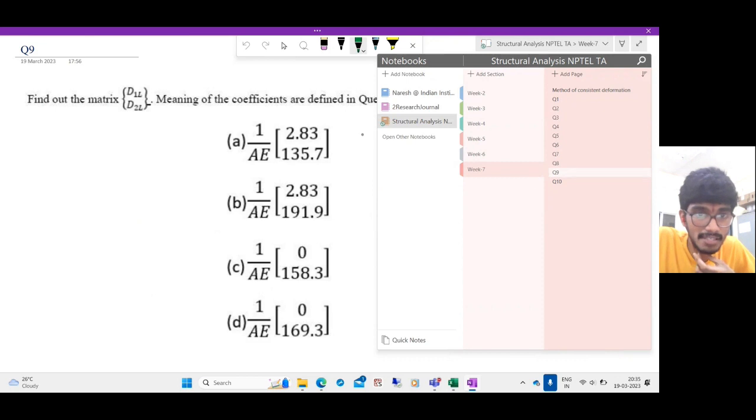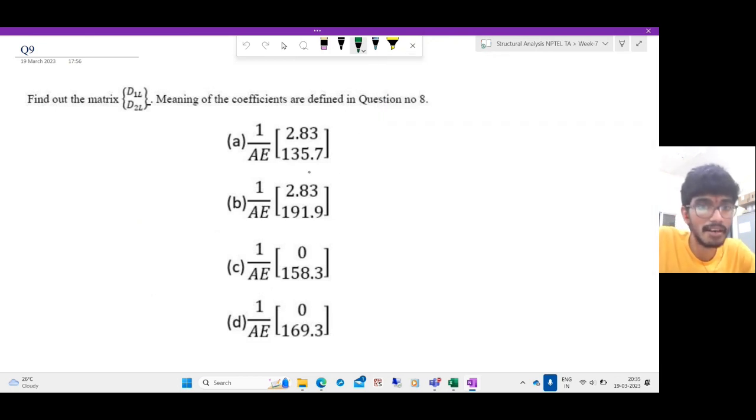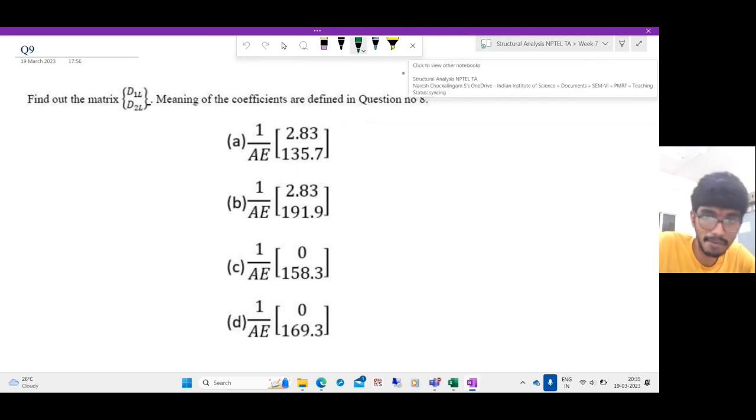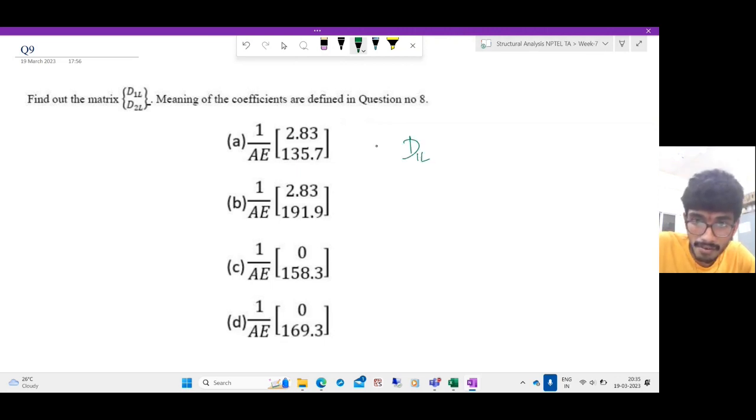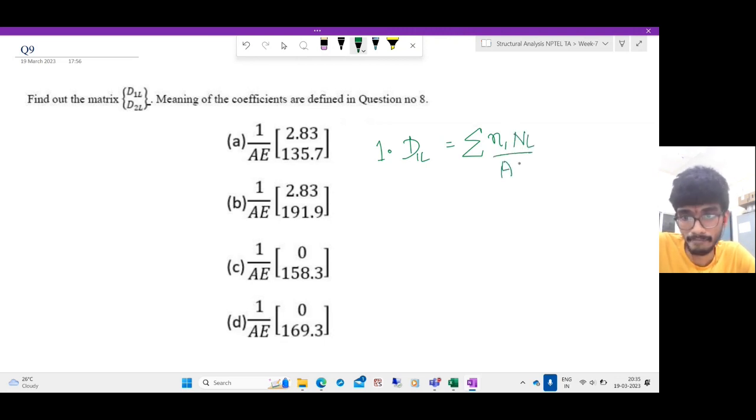Now let's go to the next question. We have already solved for this. Find out the matrix D1L, D2L. How to determine that? By the principle of virtual work, D1L is the sigma of the internal virtual forces caused by the unit load acting on the real internal displacements, NL by AE.